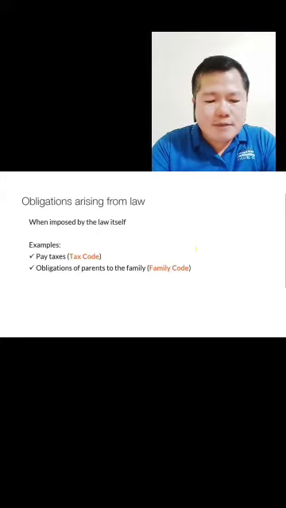Because it is specifically required by law, the Tax Code. Then the obligations of parents to the family are under the Family Code. The source of the obligation here is still the law.